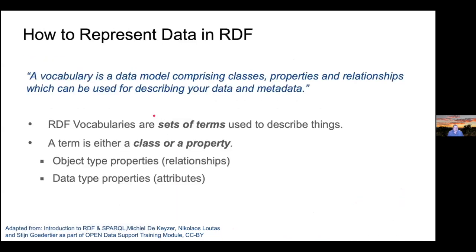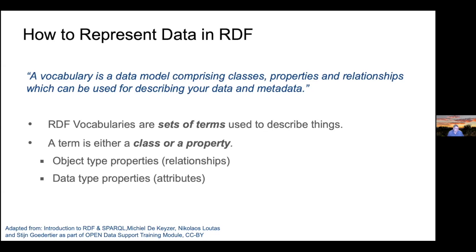If we actually look at the types of data in RDF, the vocabularies that we use to define and describe things are really the sets of terms that, for example, in NIDM we have to define.